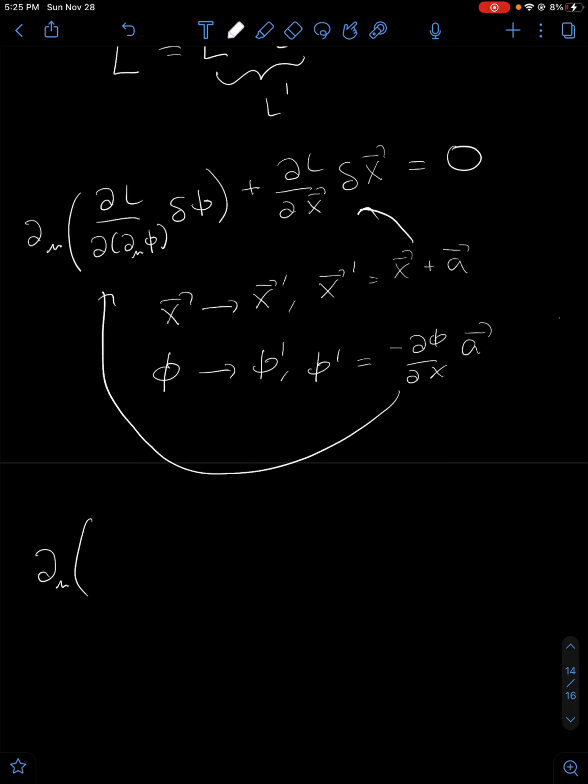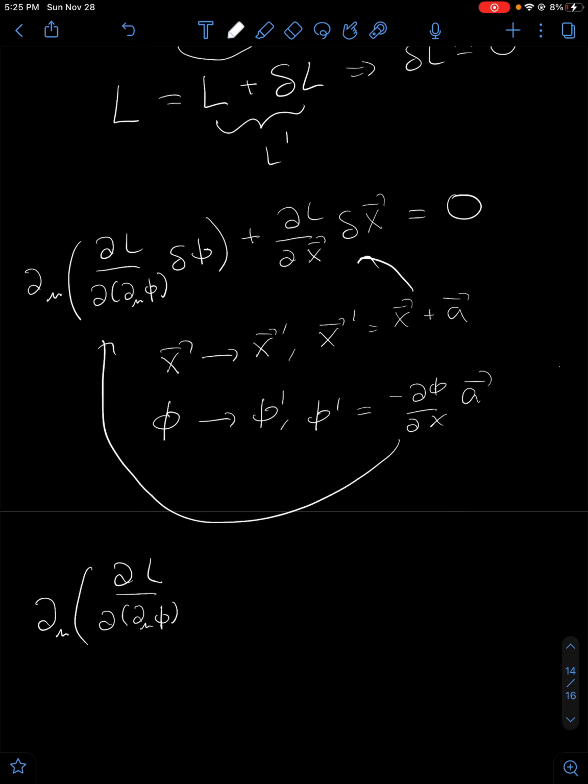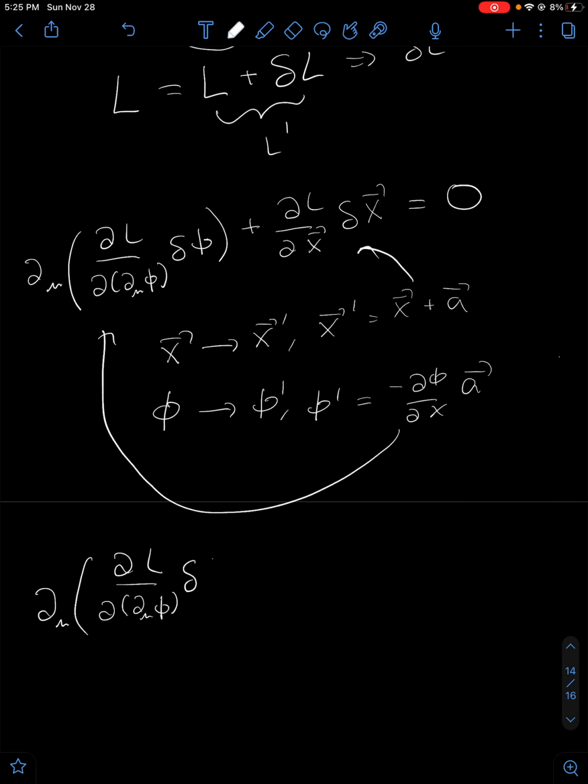So partial mu of partial L over partial mu phi delta phi. Wait, let me think of something. Yeah, okay. Delta phi. See, we have that. So delta phi now will be replaced by, not x plus a, sorry, it will be replaced by minus partial phi over partial x a vector.